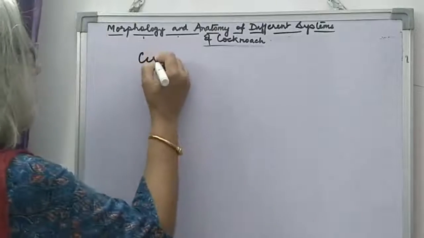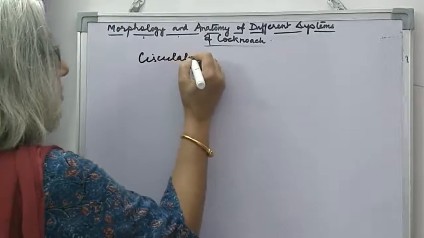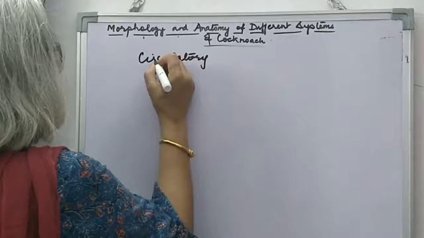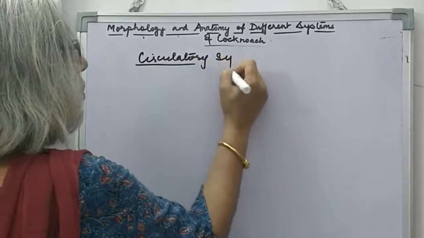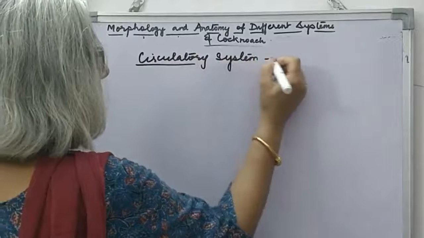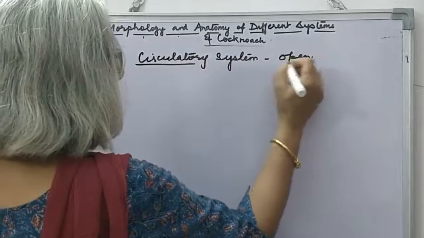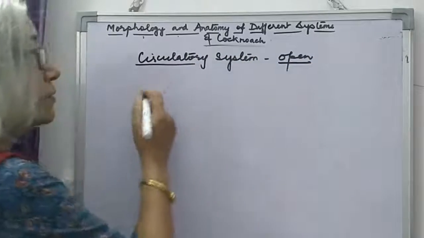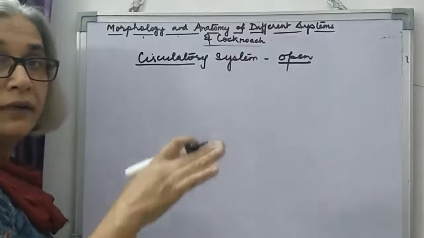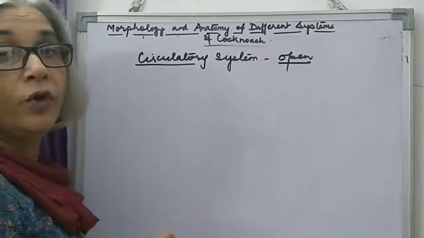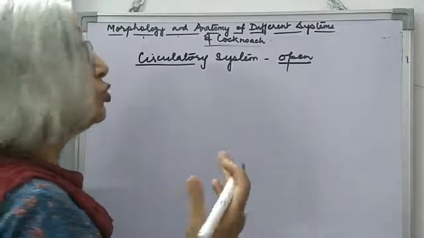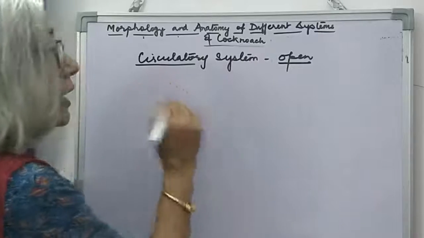I told you circulatory system is of the open type. Cockroach has an open circulatory system, which means blood does not flow in capillaries. The blood vessels do not open into capillaries.